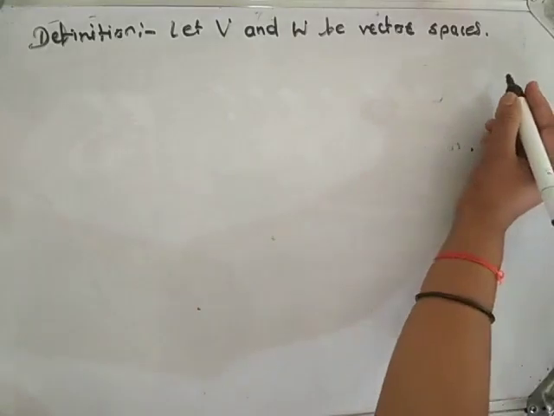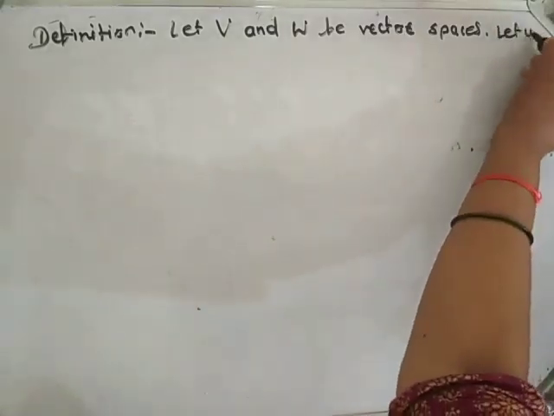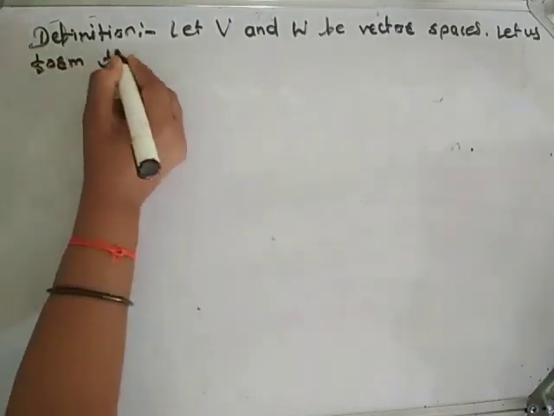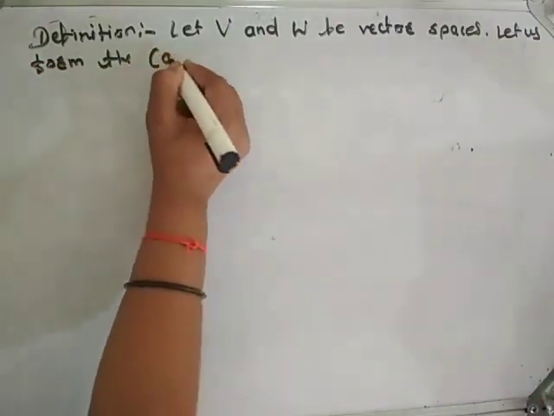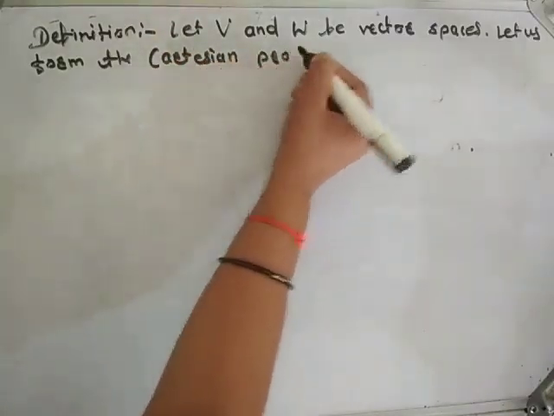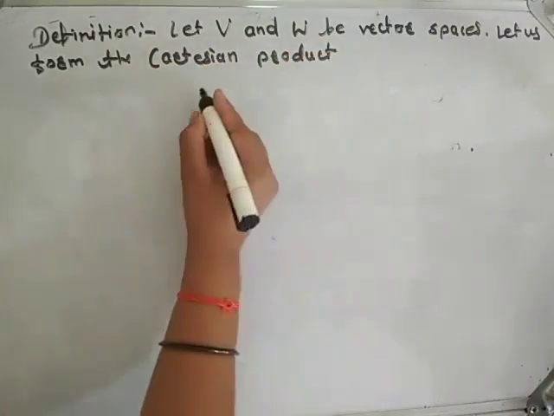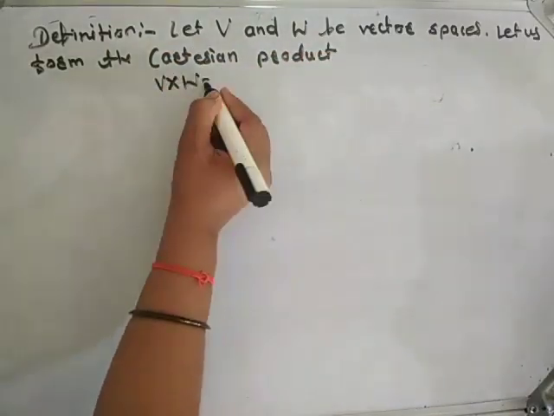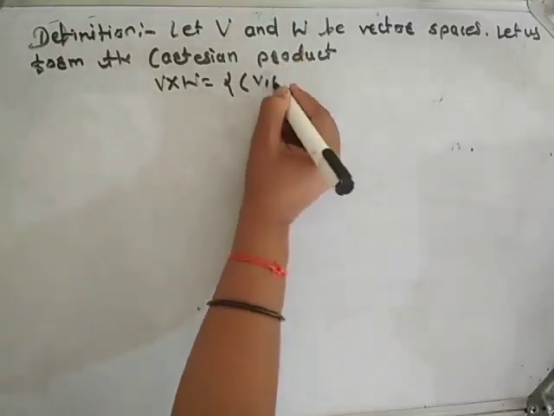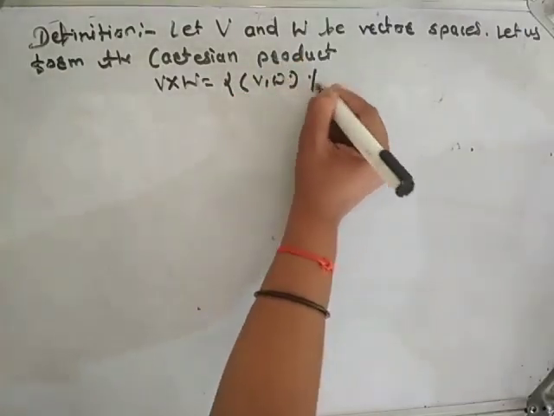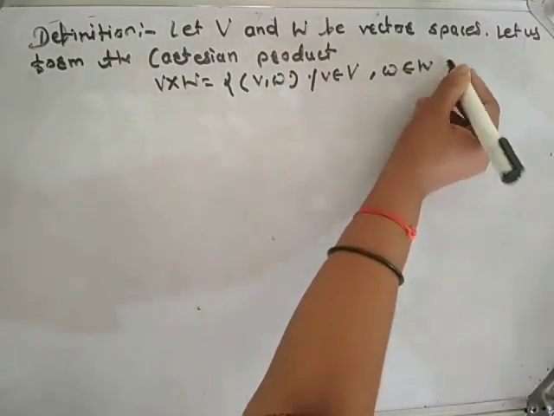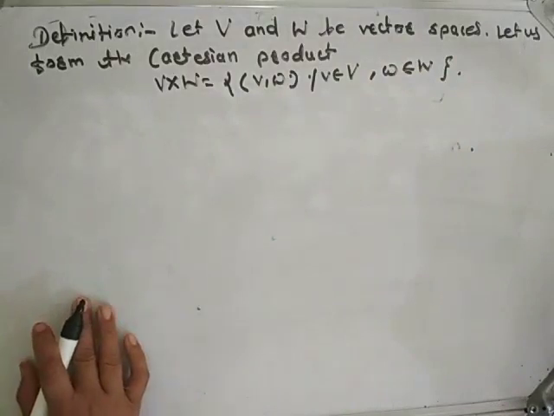Let us form the Cartesian product V cross W, which is equal to the set of all ordered pairs (v, w) such that v belongs to capital V and w belongs to capital W.